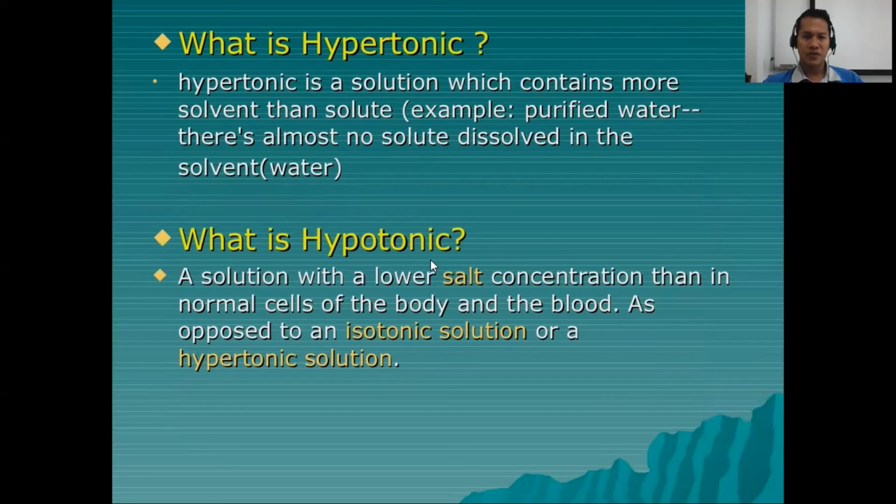Example, purified water, there's almost no solid dissolved in the solvent. Hypotonic means a solution with a lower salt concentration than a normal cell of the body and the blood. So as opposed to isotonic solution or hypertonic solution.